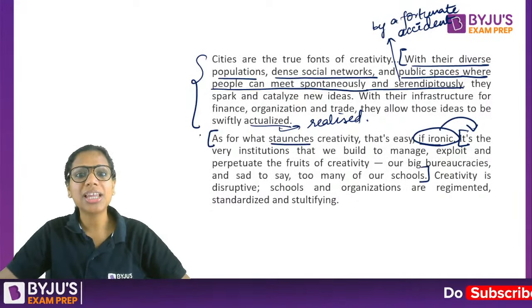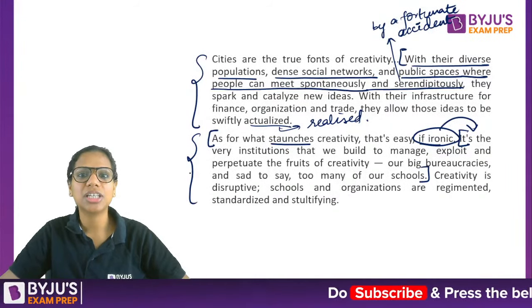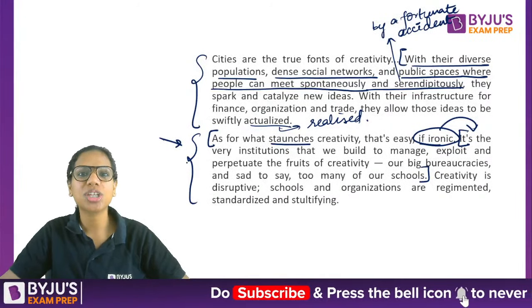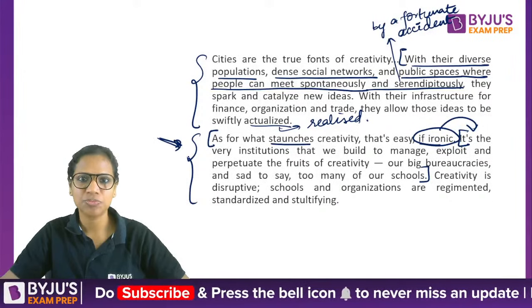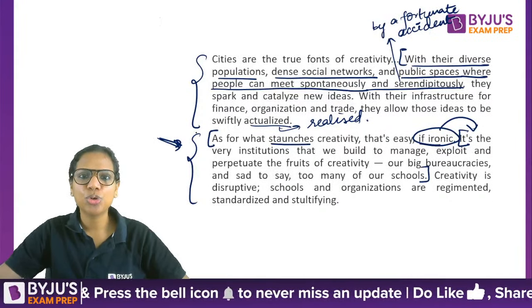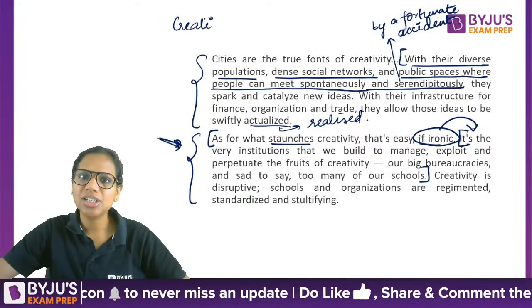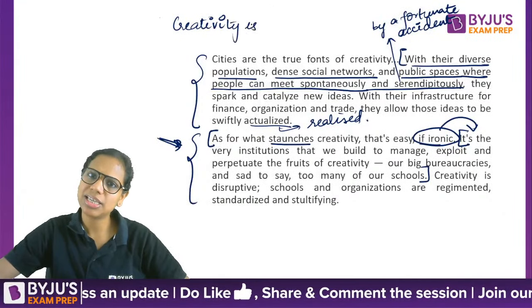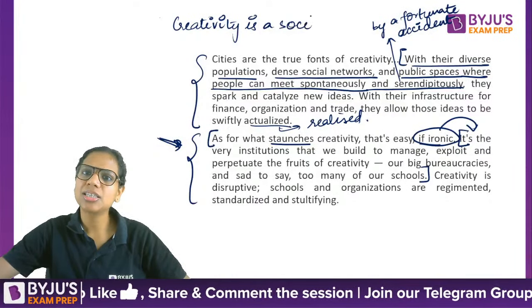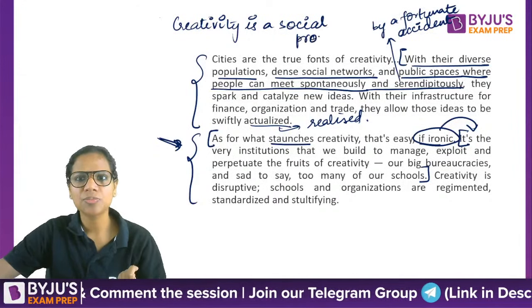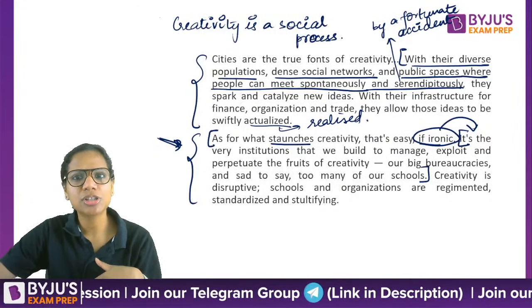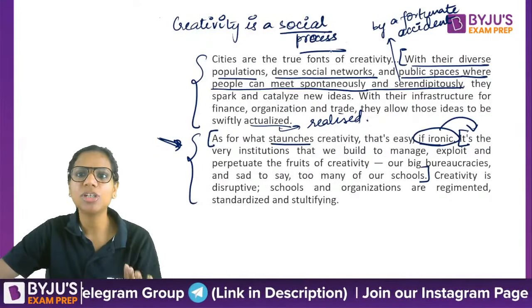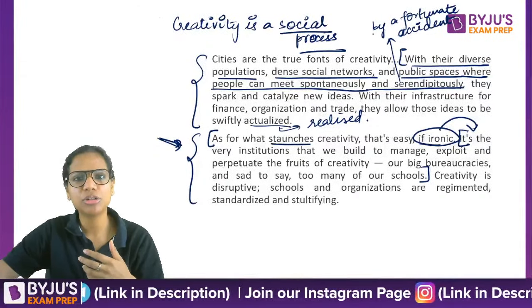Similarly, what can actually stifle creativity? Again, other people, these bureaucracies, these schools, other institutions. So ultimately, both these paragraphs are telling me that creativity is indeed a social process. And that is how cities are able to facilitate it, and that is how institutions are able to stifle it. Had it not been a social process, institutions would not have been able to do anything.